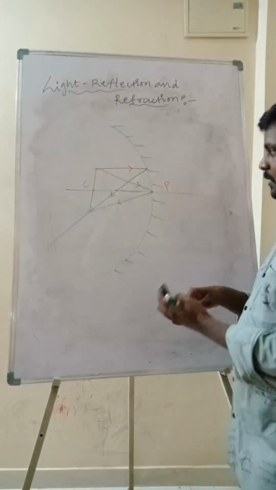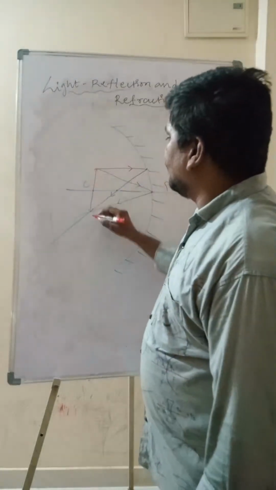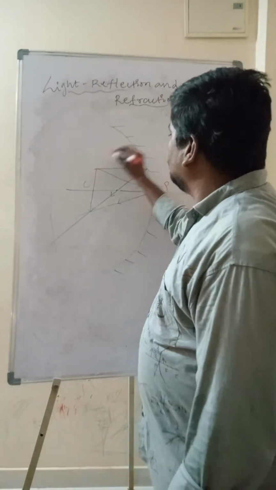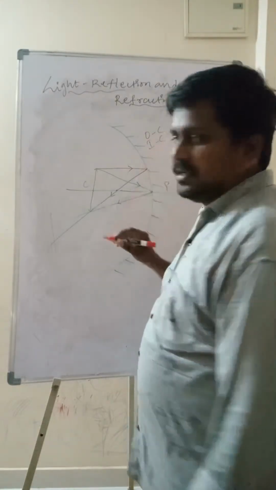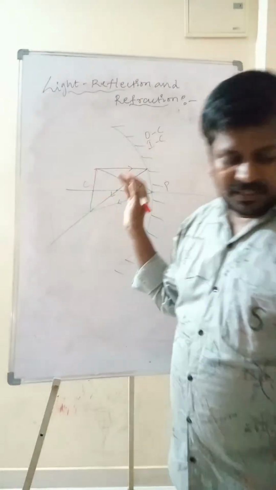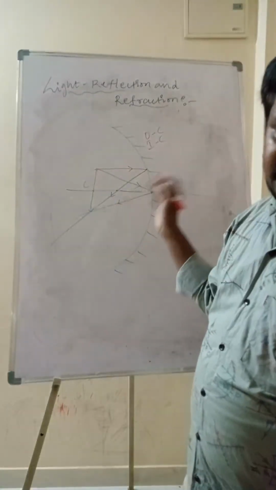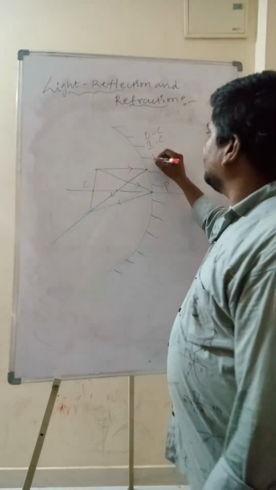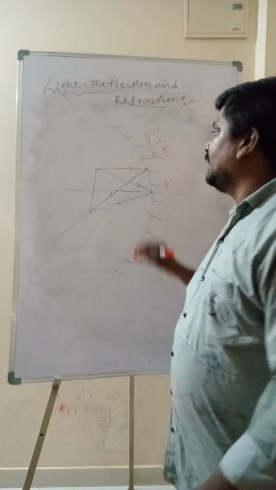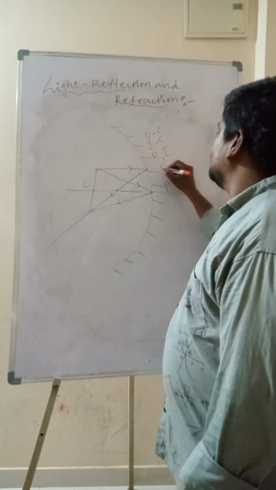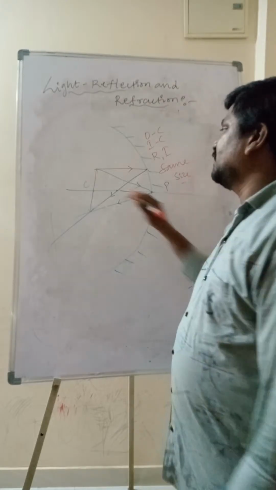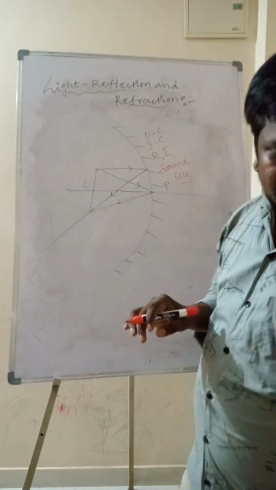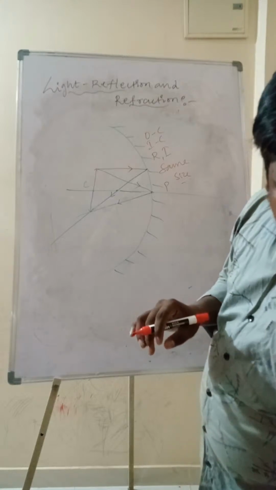Okay. So this is the object height, this is the image. Object is at center of curvature, image is also formed at center of curvature. What is the nature? Real, inverted, and same size. Same size image will form at center of curvature.